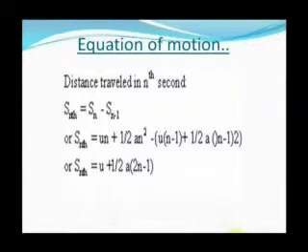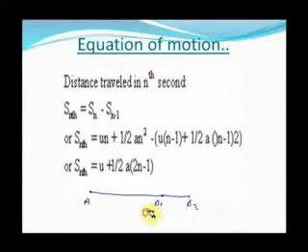Now we will find out what is the distance traveled by a particle in the nth second. So suppose we have a particle with initial velocity u and traveling with constant acceleration a. So suppose the particle starts from point A, and at the end of the n minus 1th second, the particle is at point B1, and after the end of the nth second, the particle is at point B2. So this is at the n minus 1th second, and this is at the nth second.